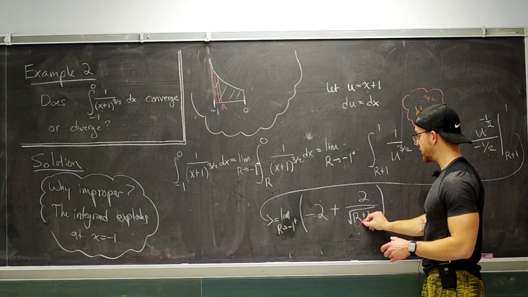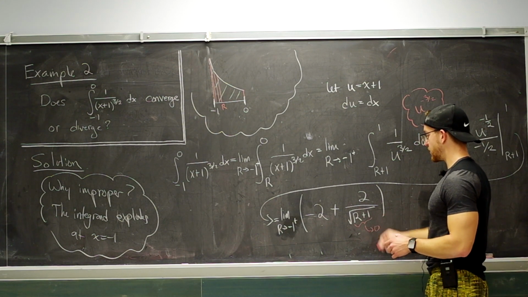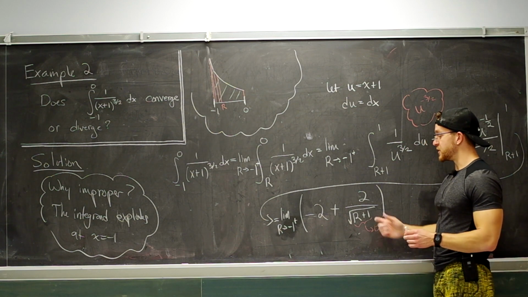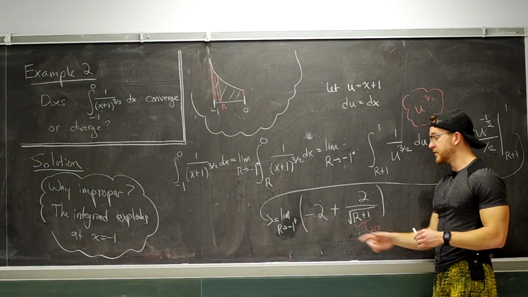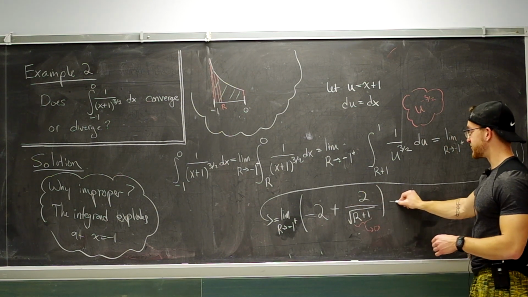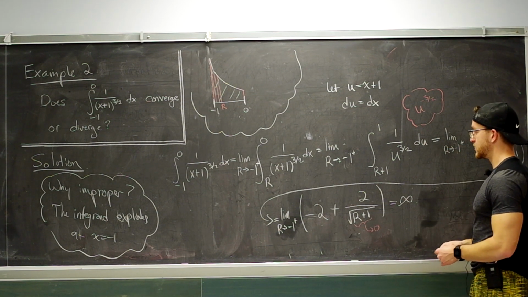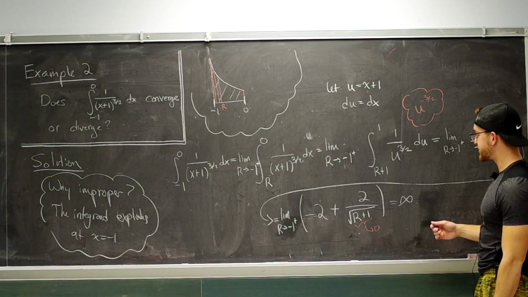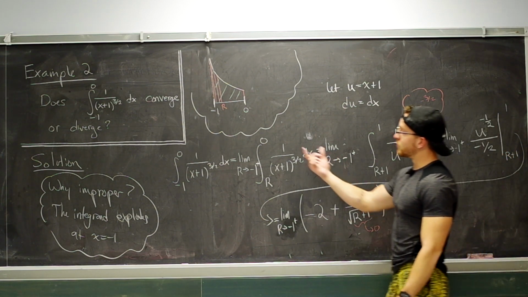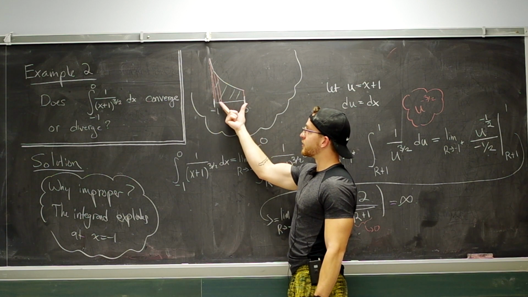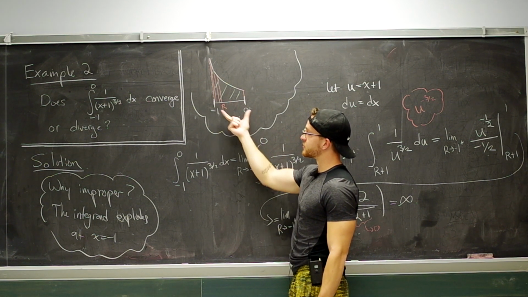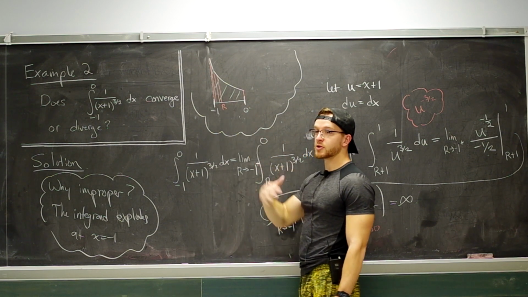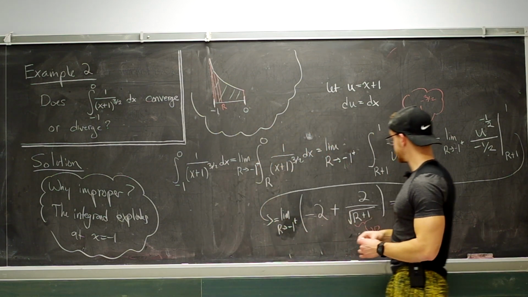Okay, in any case, as r goes to -1 from the right, this expression is going to 0 in the denominator, which means this is going to blow up to infinity. So the limit of this expression is infinity. And what that tells us is that when we try computing the area under this curve and I send these integrals closer and closer and closer to -1, you accumulate infinite area.